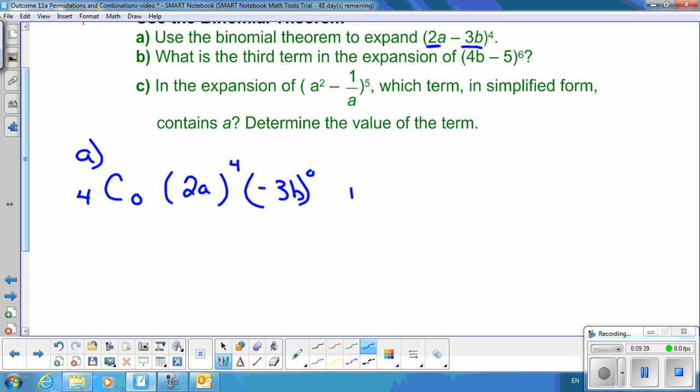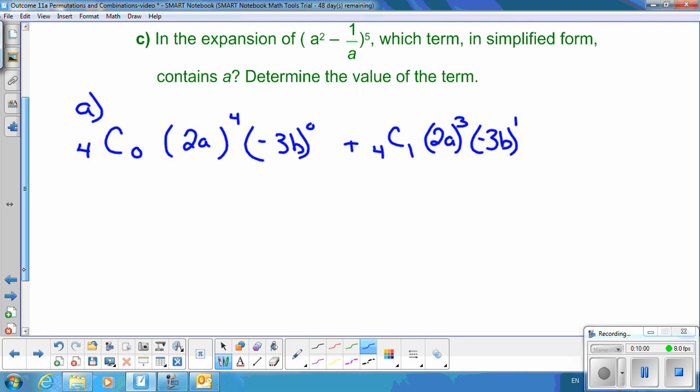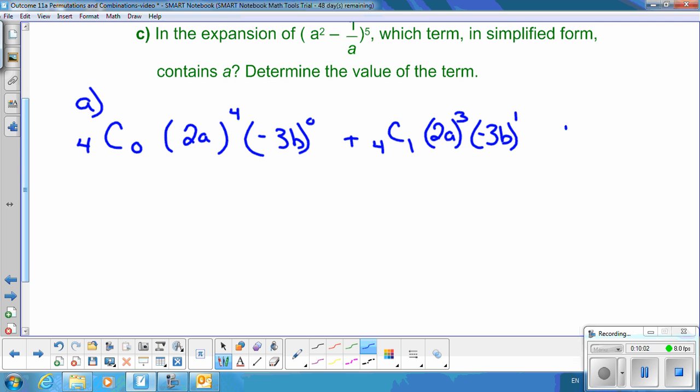The second term, my coefficient becomes 4C1. I end up with 2a to the power of 3. It decreases by 1. And negative 3b to the power of 1. The next term, I'll leave some room, becomes 4C2. 2a to the power of it was 3, so now it's down to 2.